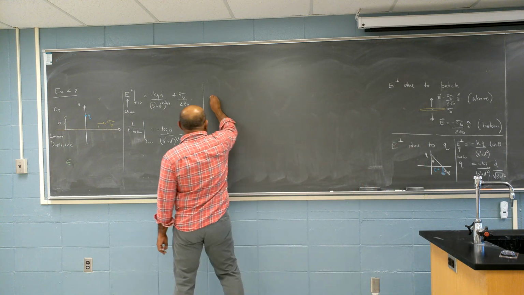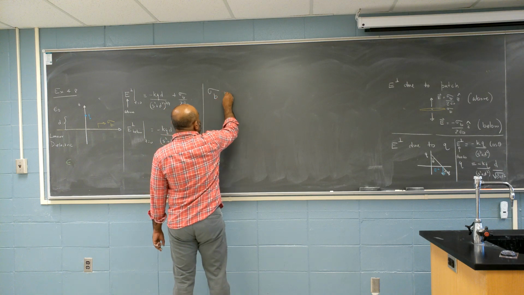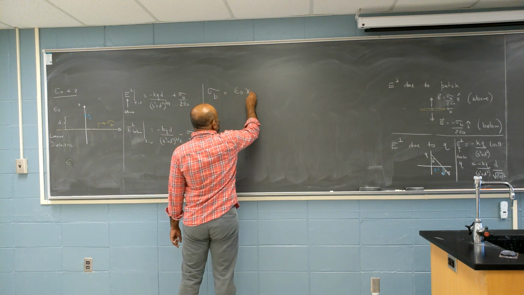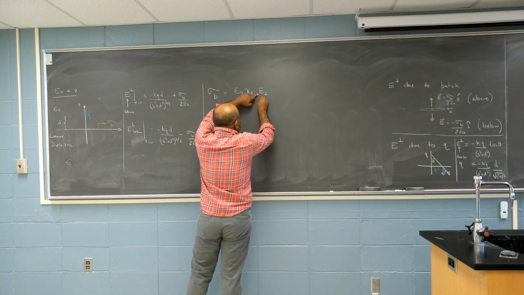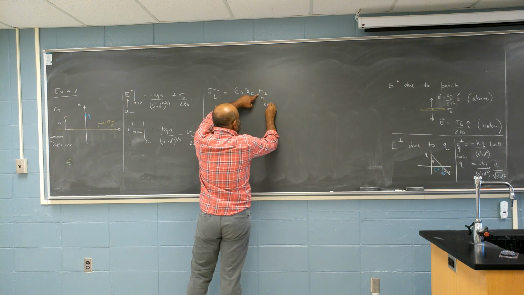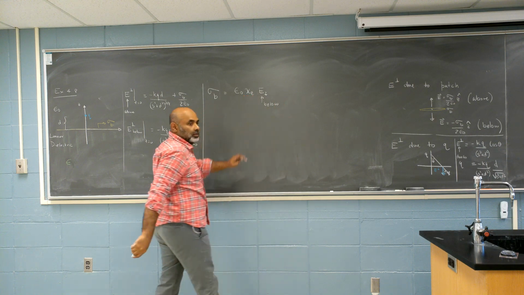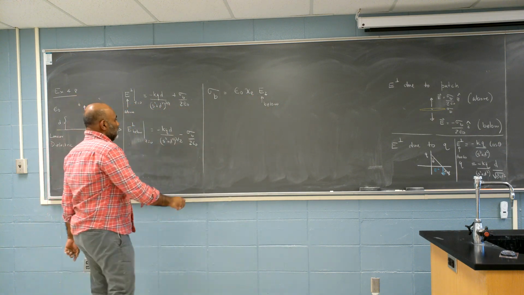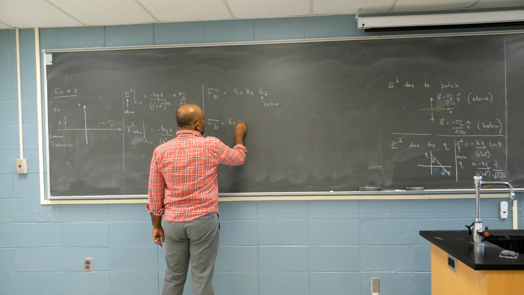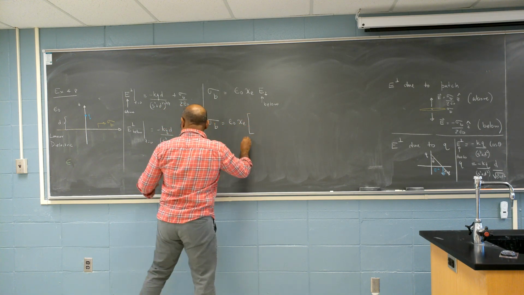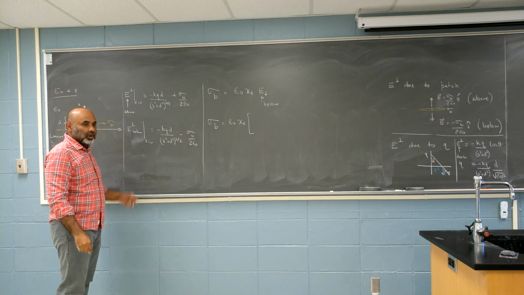So I had sigma bound is epsilon naught chi E Ez, which is the same as E perp, and this is from below. So I get sigma bound is equal to epsilon naught chi E, and Ez and E perp are the same.